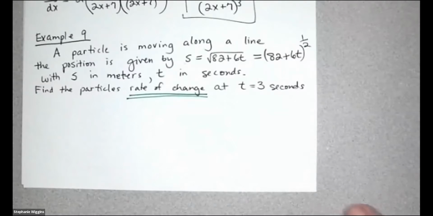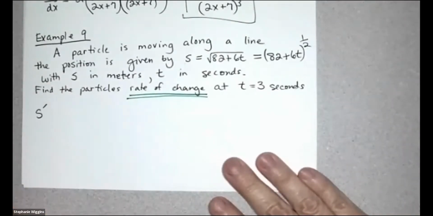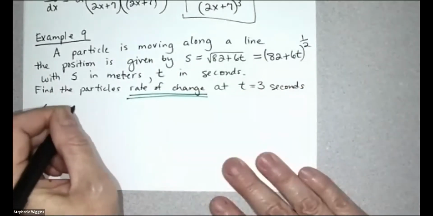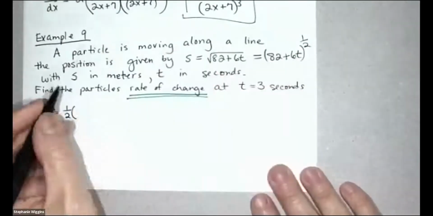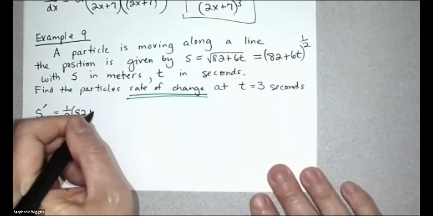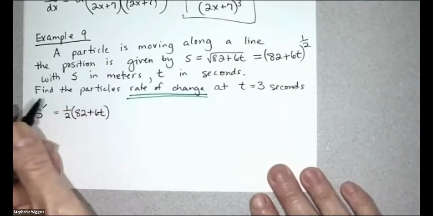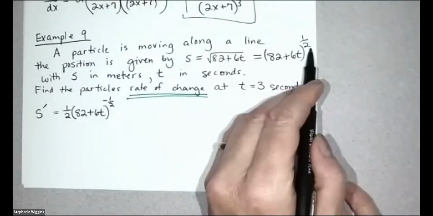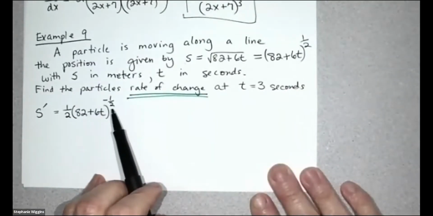And so to calculate the derivative of S, we're going to take the 1/2 out front times the (82 plus 6t) raised to the negative 1/2, because I have to subtract 1 from 1/2. That's how I got the negative 1/2.